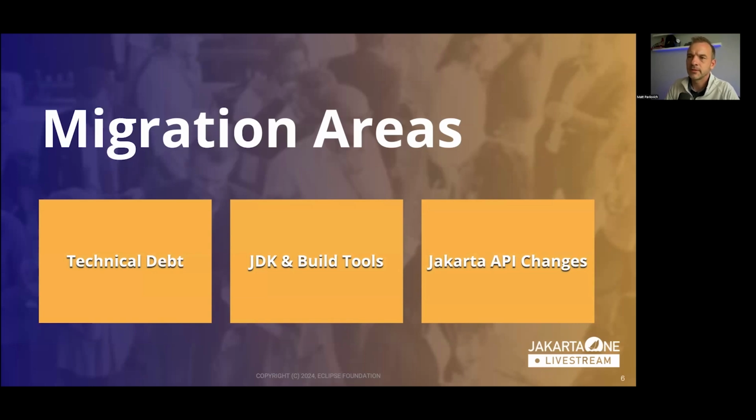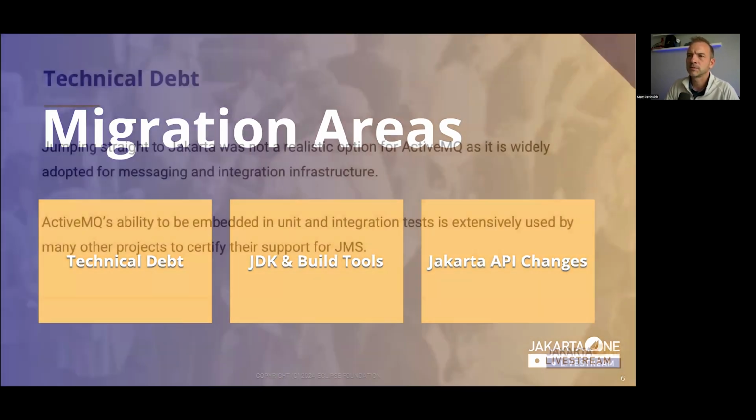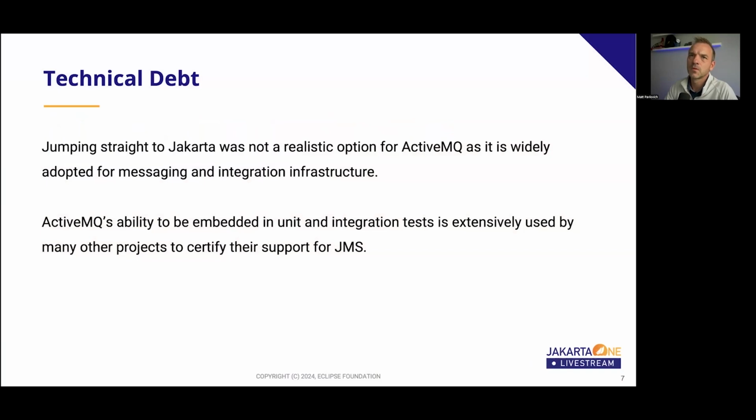If you haven't updated in two weeks, there's probably a dependency that needs to be updated. Mature code bases have been around for a dozen or more years. You'll be looking at JDK and build tool updates. And lastly, we can talk about the Jakarta API impacts. I think it helps to think about the problem by breaking it up into these three areas, and we'll discuss how we attacked that with ActiveMQ.